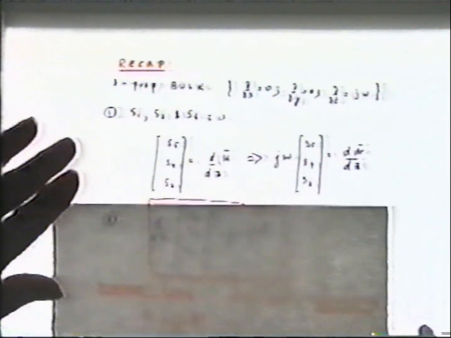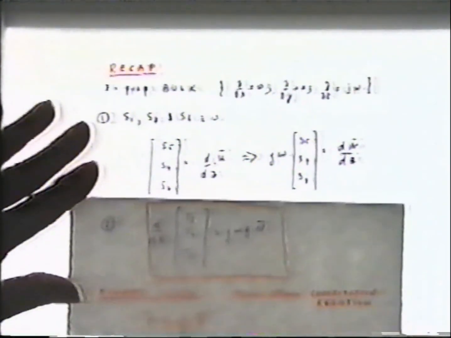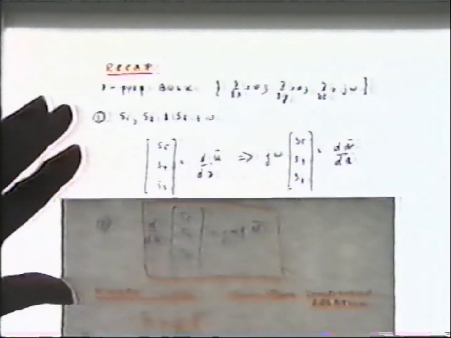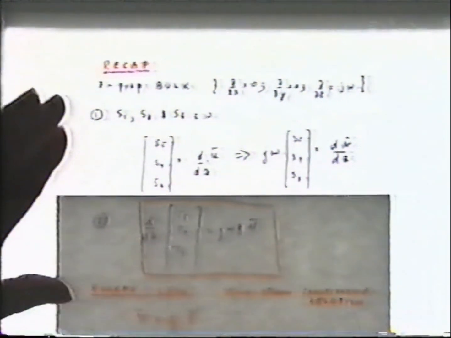Okay, so let's take a look then and recapitulate what we had earlier. Let's take the situation of z propagation. So the only non-zero derivative is d by dz.